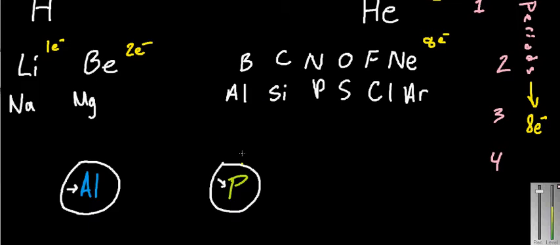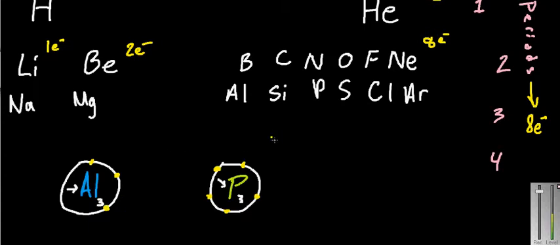But this is the third shell, so I'll even write a 3 here, so we know that this is the third shell. And in the third shell of the phosphorus, how many electrons are we going to have? We're going to have 1, 2, 3, 4, 5 electrons in this third shell. And in the aluminum, how many electrons are we going to have? Well, if we count down, we're going to have 3.